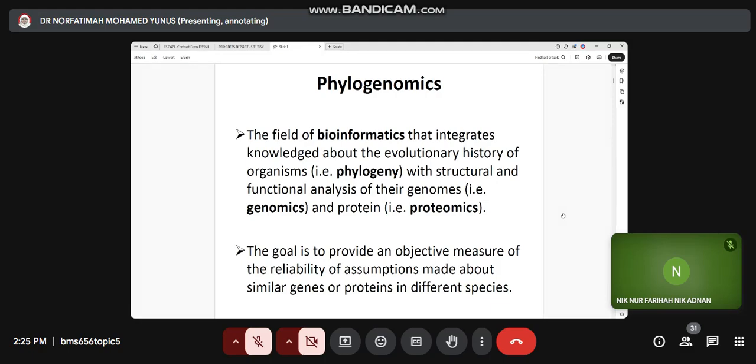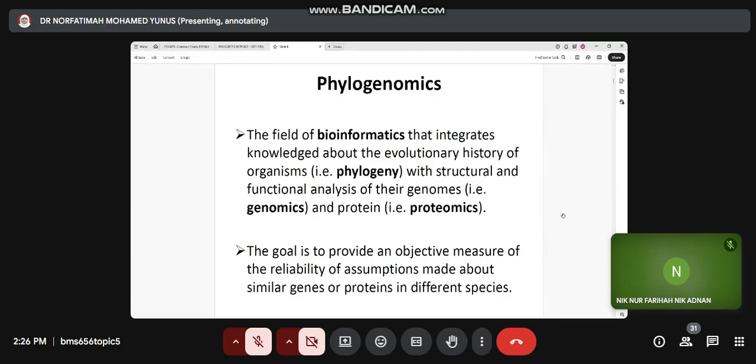The purpose of phylogenetics or phylogenomics is to classify groups based on the same characteristic, and put them as one group. So how to classify this? Phylogenomics is based on the genome. Phylogenetics is based on a specific region.